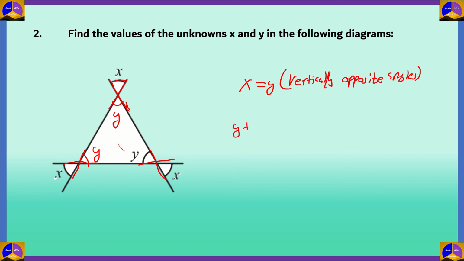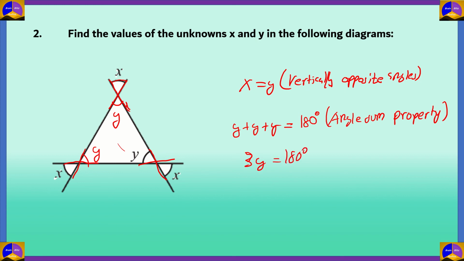So, y plus y plus y would be equal to 180 degrees. Reason: angle sum property. So 3y is equal to 180 degrees. So y is equal to 180 degrees divided by 3. So y is equal to 60 degrees.